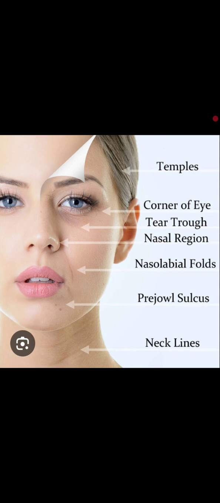What is the wing of the nose? That's your nose flaring. That's the flare of your nose. But for some reason, these assholes want to call it the wing. It's the flare.